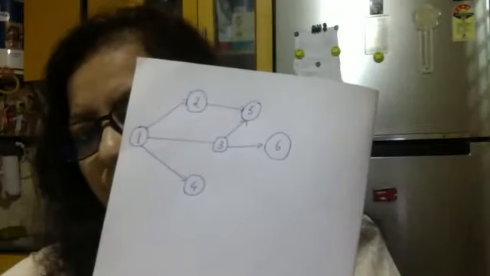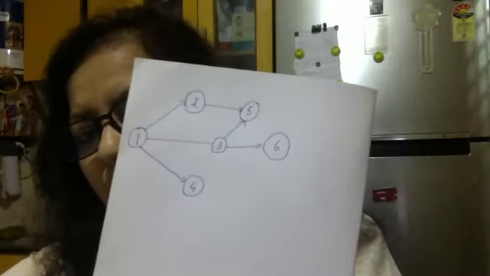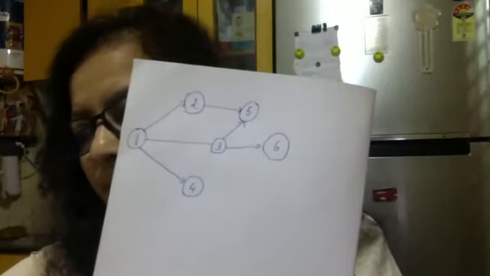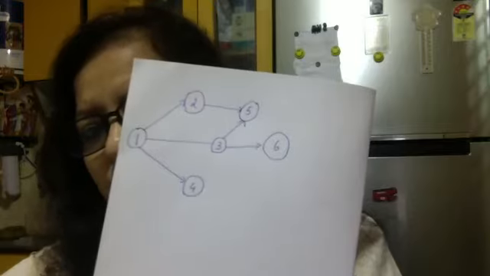We will place 6 in a straight line after 3. I will place it here. So 3 to 6 I have taken care of. So easily I can do 4 to 6 and 5 to 6 without converging any of the arrows.